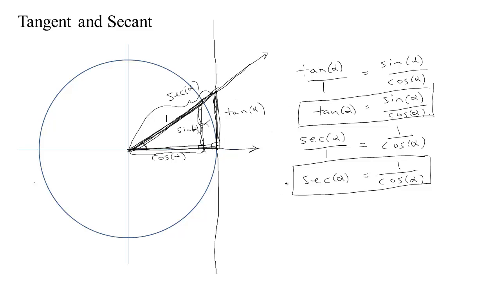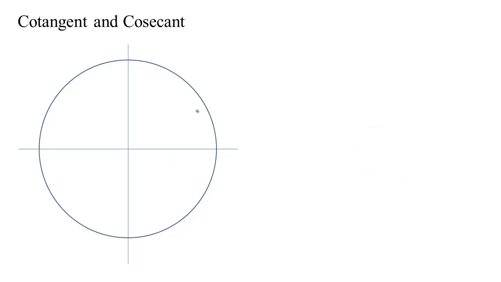The other two are sort of companions. Instead of using a vertical tangent line, you can draw a horizontal tangent line here. So here's our horizontal tangent. Unfortunately, it's not quite touching. It should have been. So maybe I need to extend that a little bit further. Let's take any old angle.